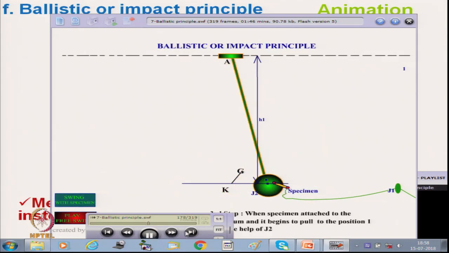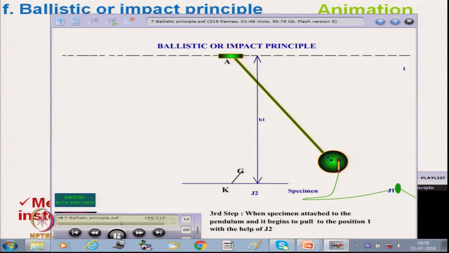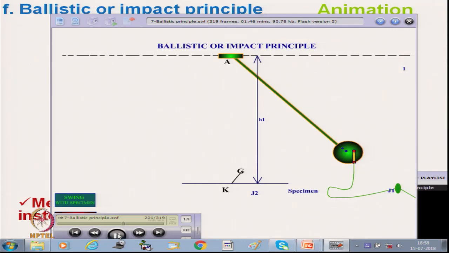Now, we have fixed the material. The specimen is attached to the pendulum and it begins to pull the material for breaking.